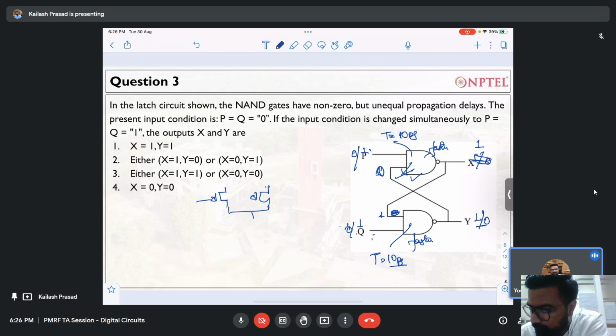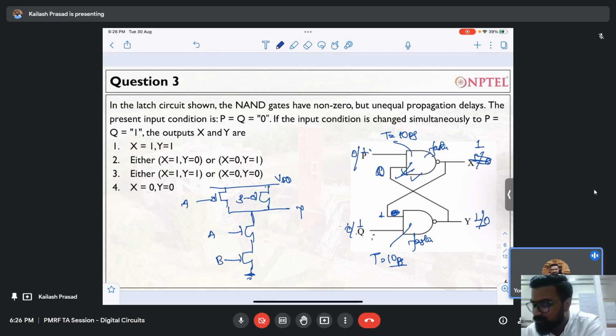If anybody knows, that is fine. If you don't know, let me tell you. This is your NAND gate. This is Y, this is your VDD, this is your ground, and this will be your A, and this will be your B. It will look like this. It is made up of transistors, and to have exactly the same transistors fabricated everywhere is not actually possible.